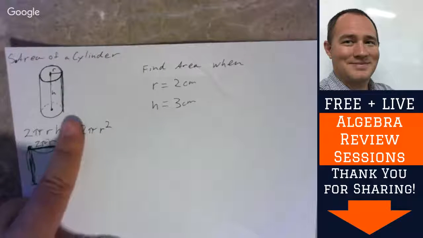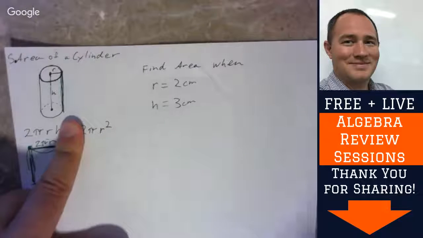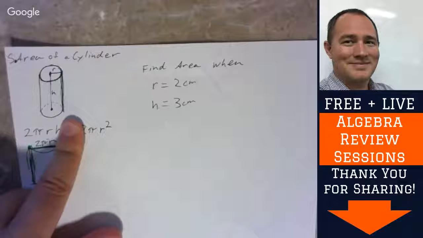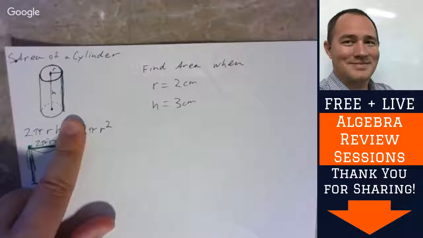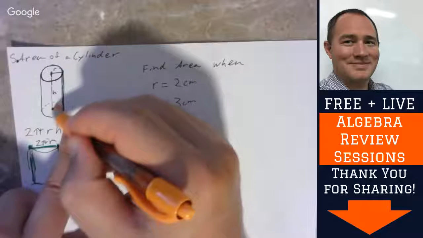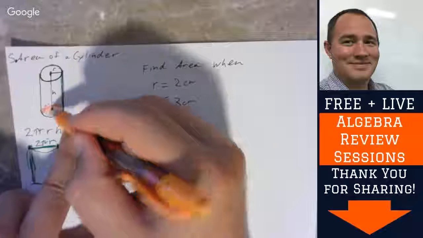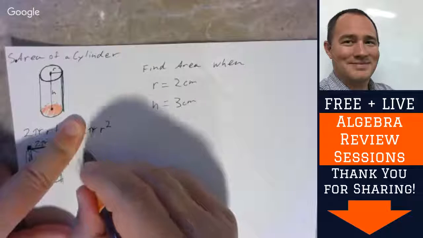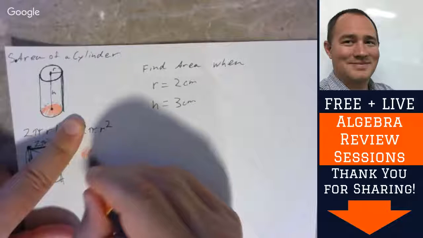Now, we recognize pi r squared. Pi r squared is the area of a circle. So pi r squared would be like the area of one circle.